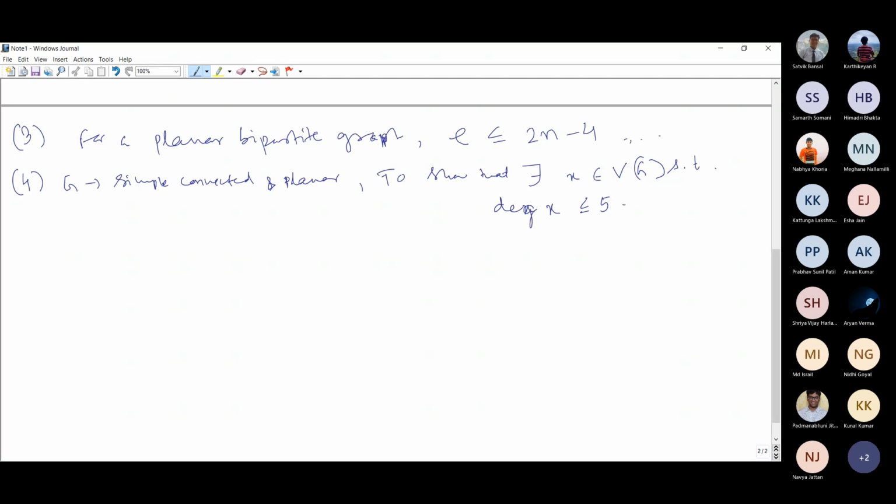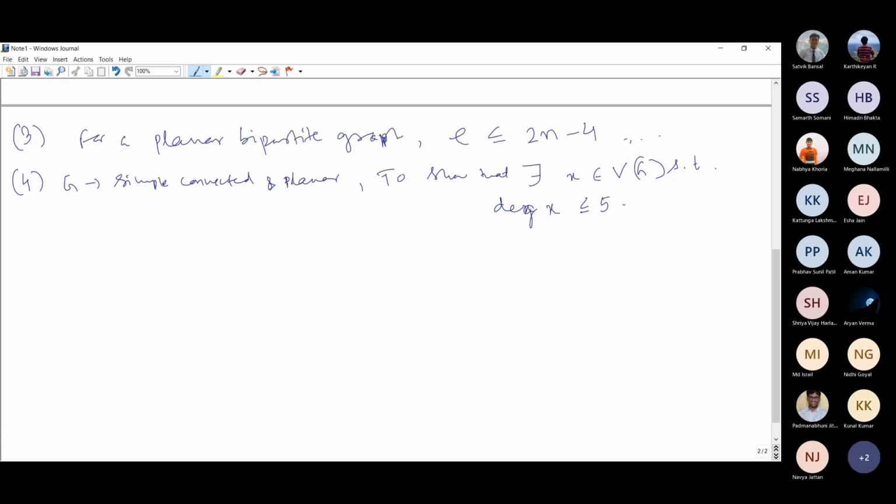So in every simple connected planar graph, you can always find a vertex whose degree will be less than or equal to 5. In a simple connected planar graph, the degree of every vertex cannot be greater than 5. So how do you prove this one?